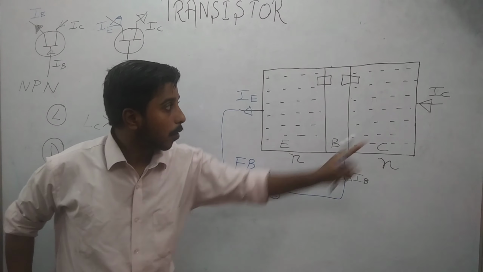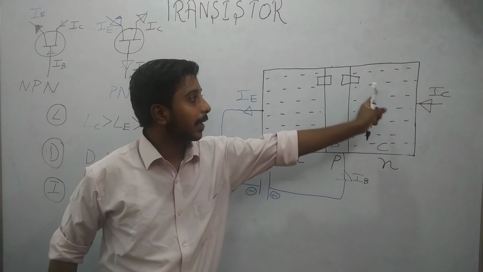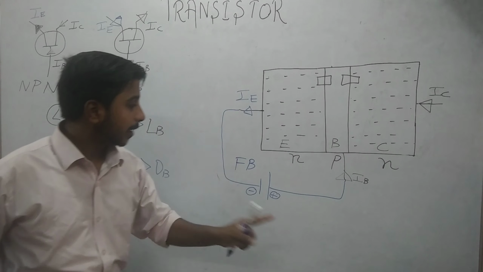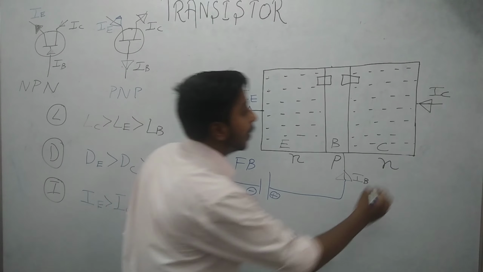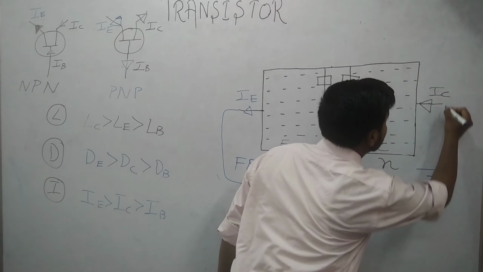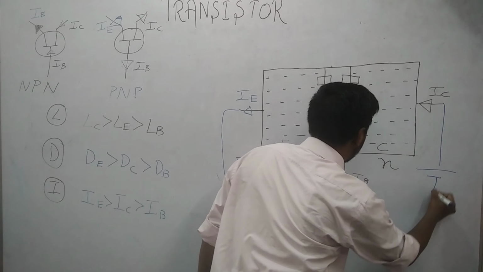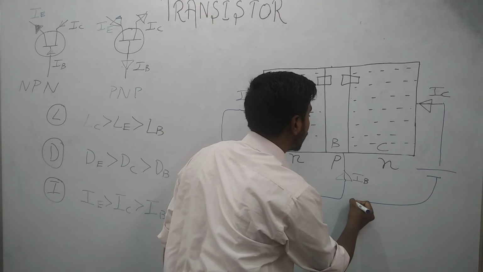Okay, now to put current inside, I have said that current goes inside from the positive terminal, which means we will attach the positive terminal to this part and negative to this part. Is it clear to you?